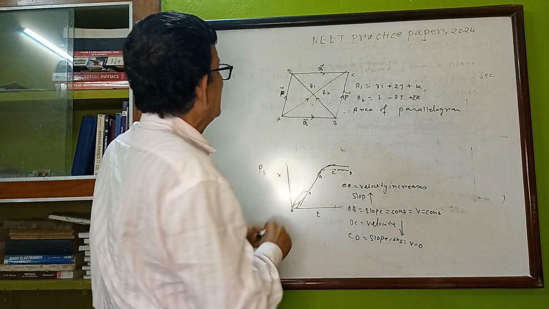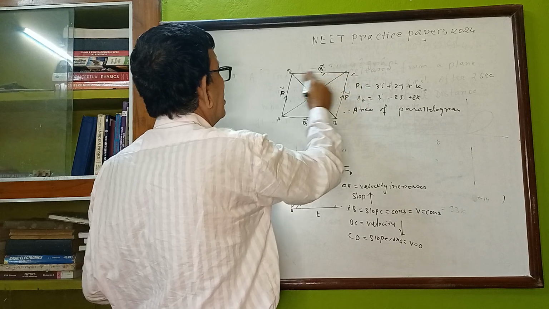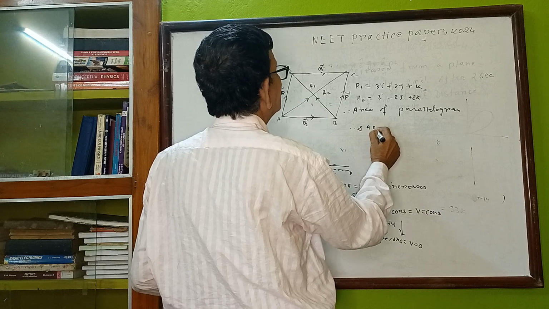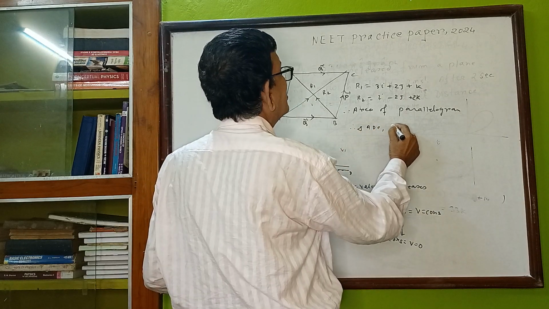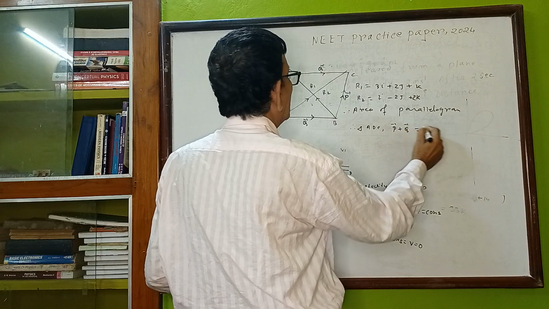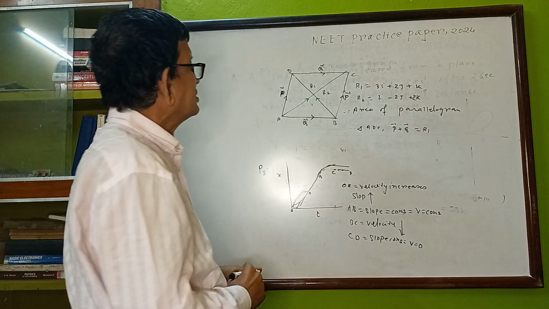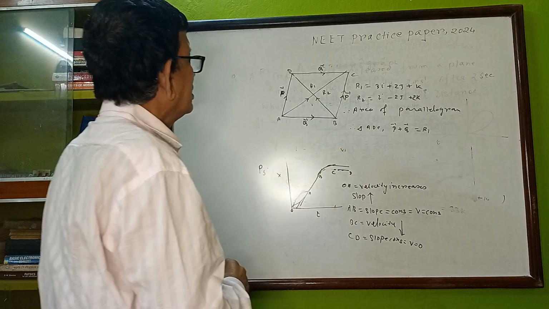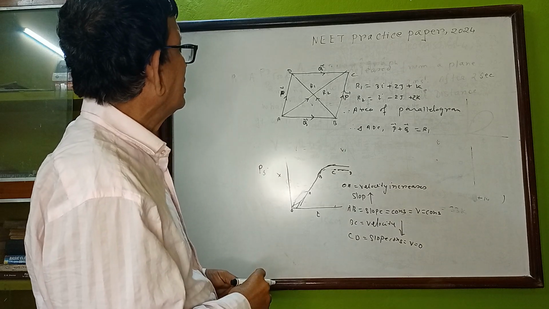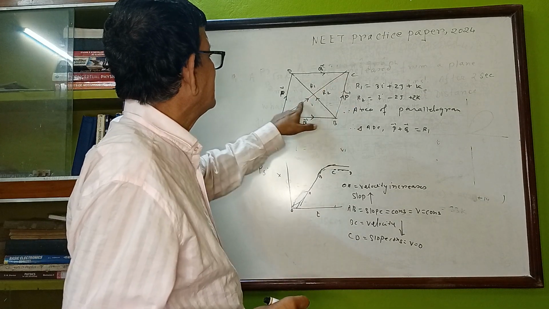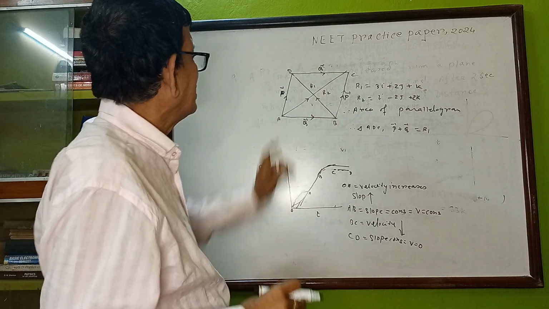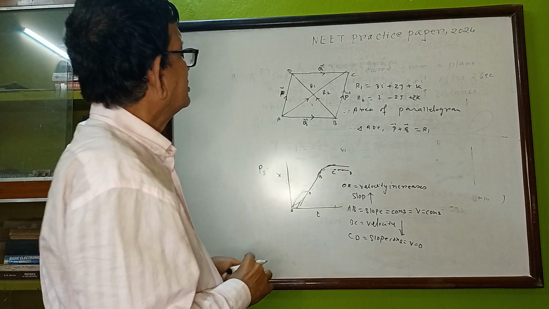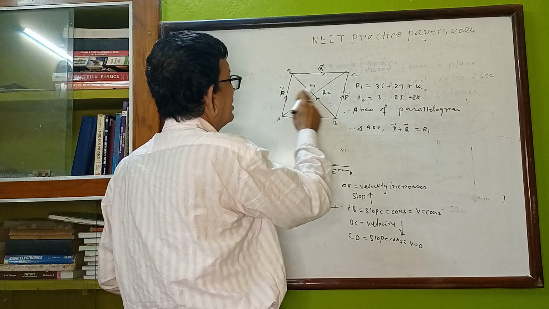If you consider the triangle law and apply it to triangle ABC, what do you get? P plus Q equals R1. Clear? Similarly, AC is R2.